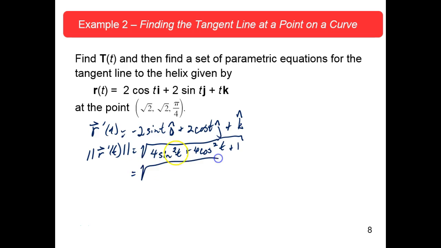The square root of 4 sine squared t plus 4 cosine squared t plus 1. What might you do with that? Anybody?